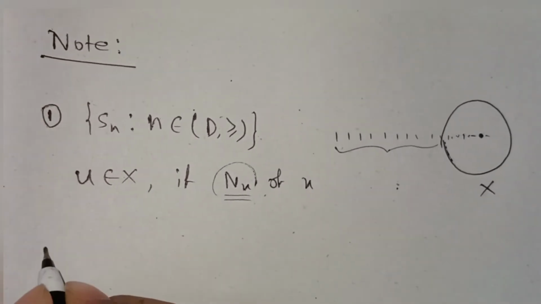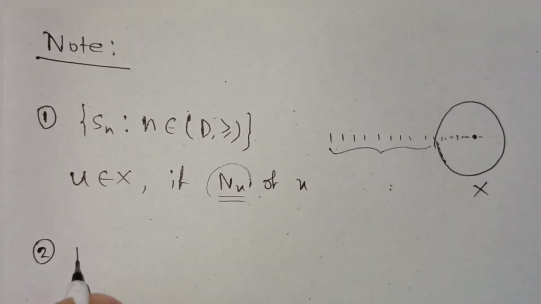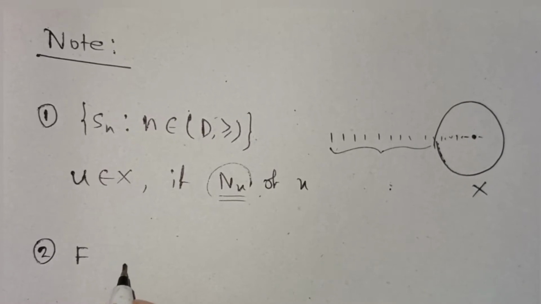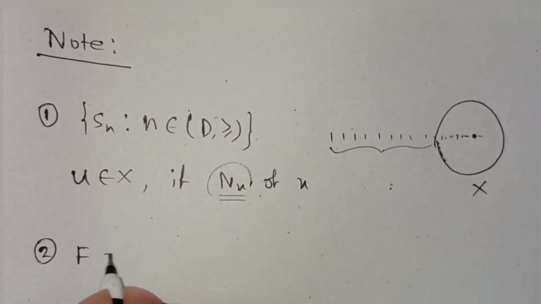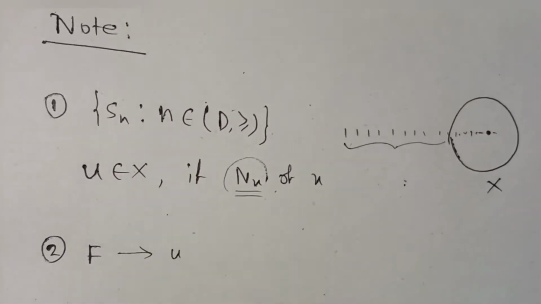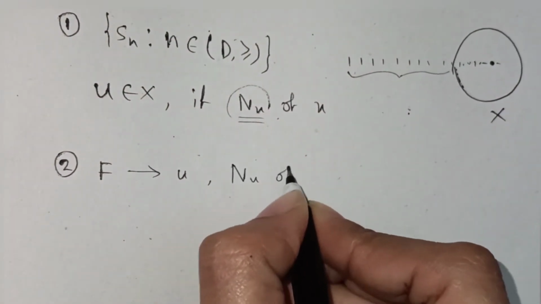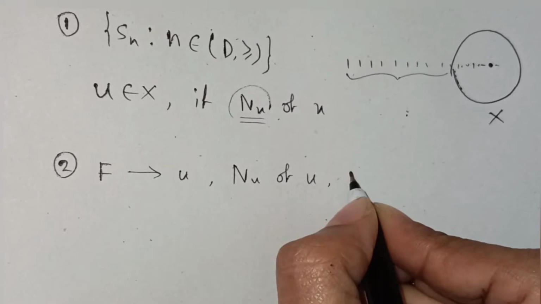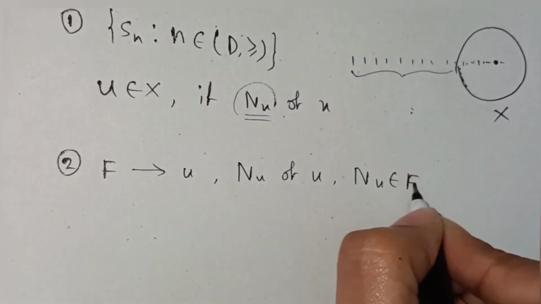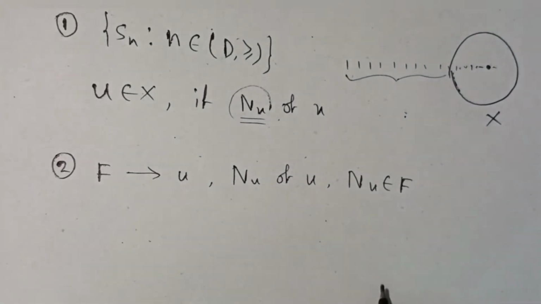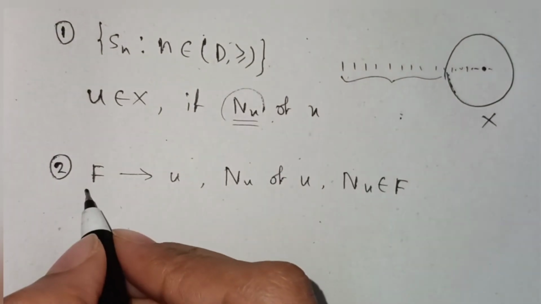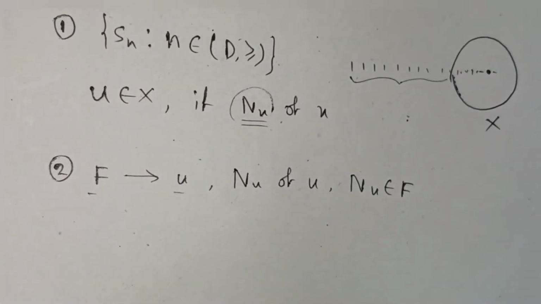Now the second note is about filter. A filter F is said to converge to a point u if for every neighborhood N of u, N is a member of F. Then the filter is said to converge to u.